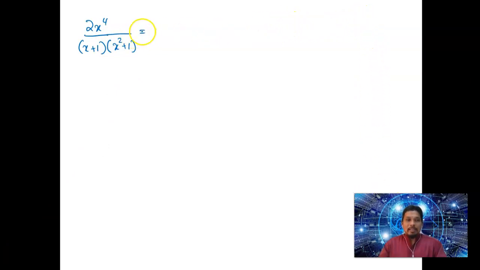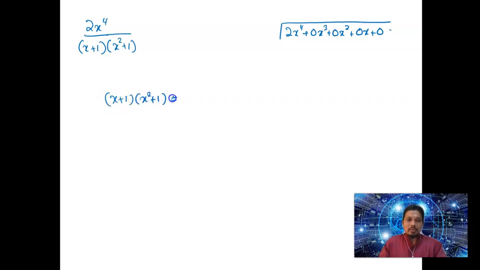Now, again, we are going to come up with a long division here. 2x to the power of 4 plus 0x cubed plus 0x squared plus 0x plus 0, divided by, let's say we expand this. (x plus 1) multiplied with (x squared plus 1) equals x cubed plus x squared plus x plus 1.